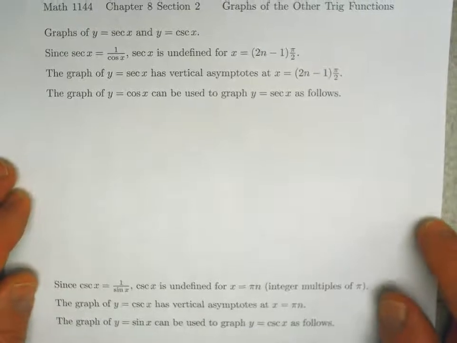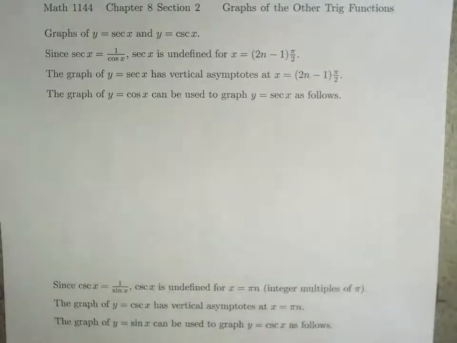Now we'll discuss graphs of y equals secant of x and y equals cosecant of x. We saw a bunch of those examples yesterday, but those are more formally covered in this section 8.2.